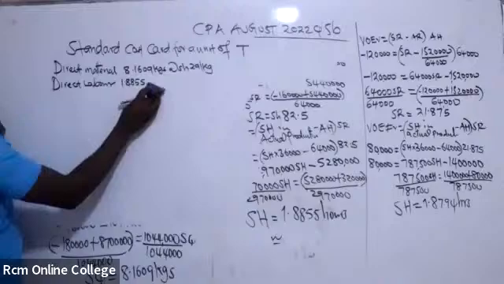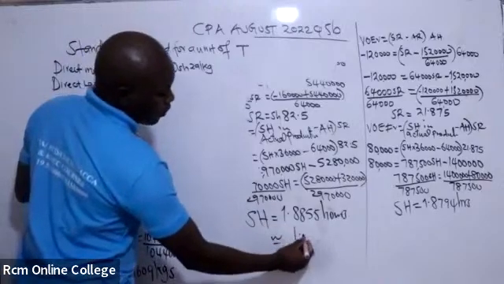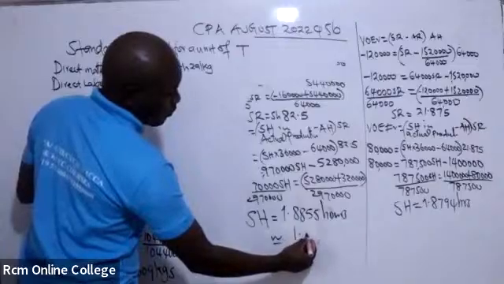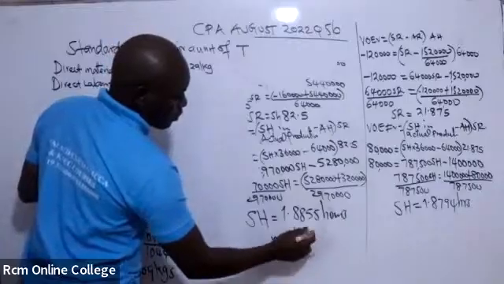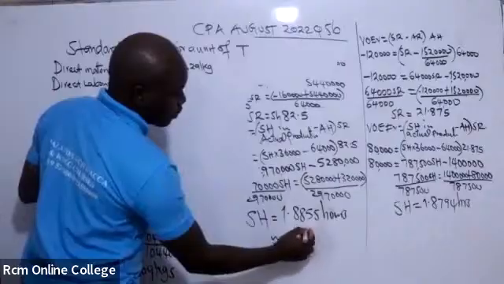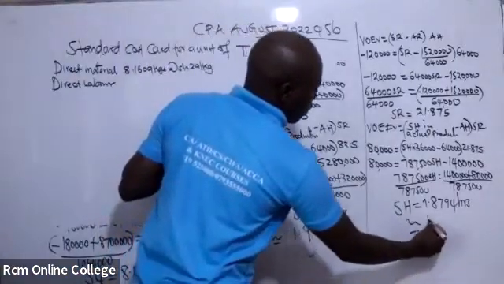Let me do this so that you can understand. Allow me to use 1.8 or 1.9. We can use 1.9, just for some understanding.